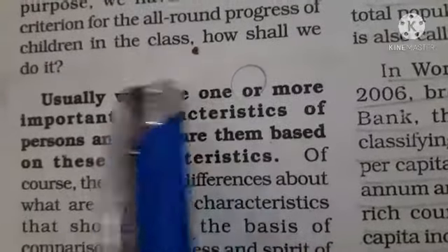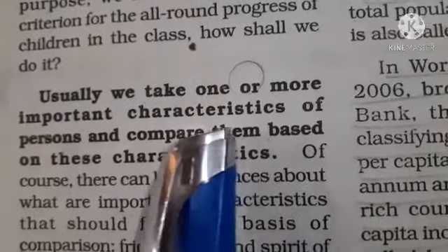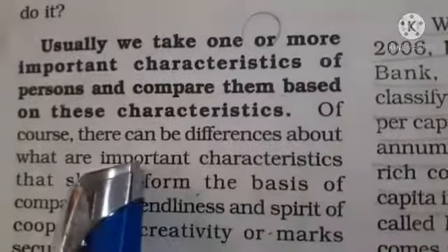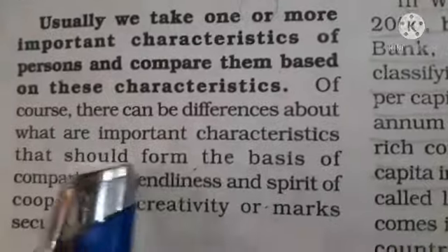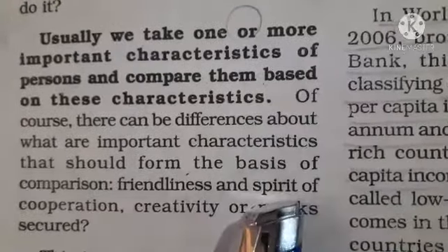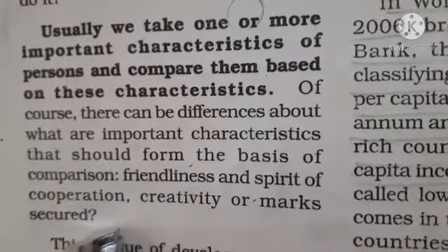We cannot take all the characteristics; we take one or two important ones and compare on that basis. Of course, there can be differences about what are important characteristics that should form the basis of comparison: friendliness, spirit of cooperation, creativity or marks scored.